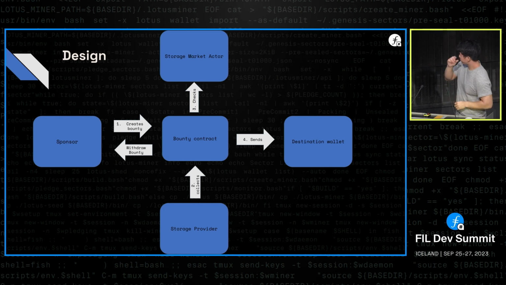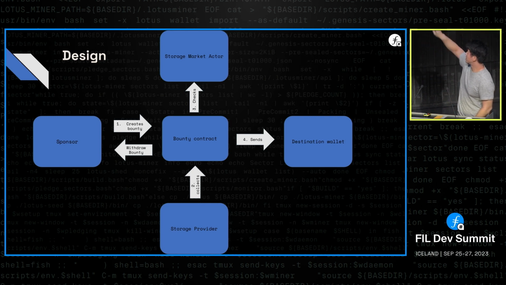Once it's there, the storage provider can then come in and prove that they have stored the CID with their miner address, or made a deal with the CID, to the bounty contract. And once that happens, the bounty contract simply checks the storage market actor, which again is unique to the Filecoin ecosystem, FEVM. If it passes, it will send the funds to the destination wallet, which also could be the storage provider.